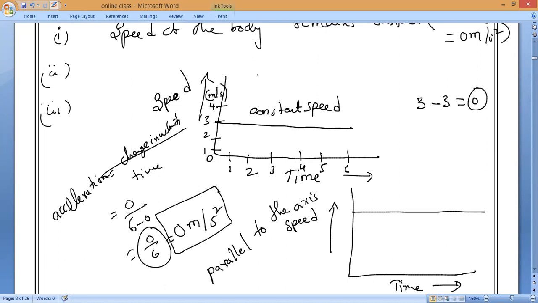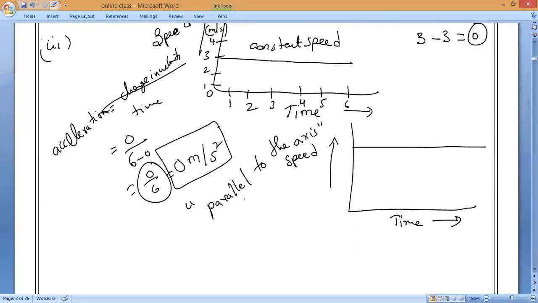So in this case, what is the acceleration? 0. Understanding, everyone? Acceleration is 0. So how is the body moving? Acceleration 0 means constant speed.